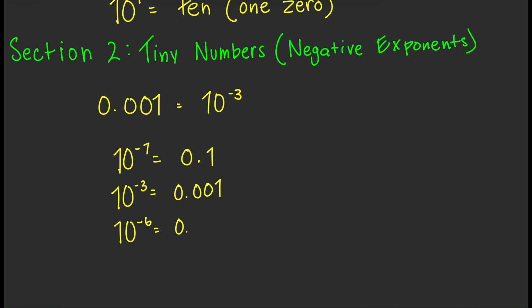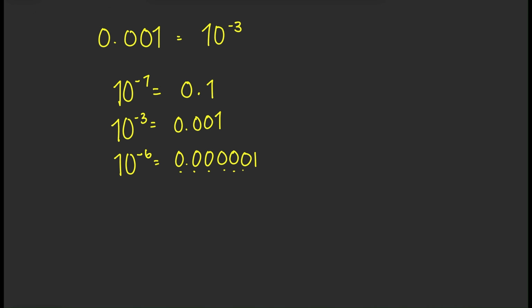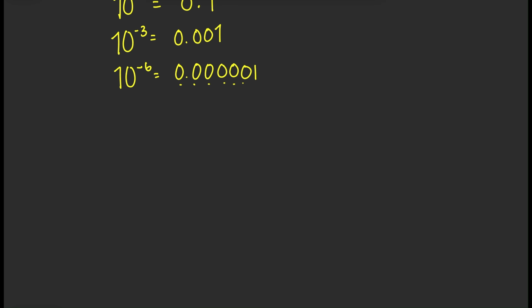Let's make sure we count these out and have all of our zeros: 1, 2, 3, 4, 5. Right, did we do this right? One, two, three. Yep.